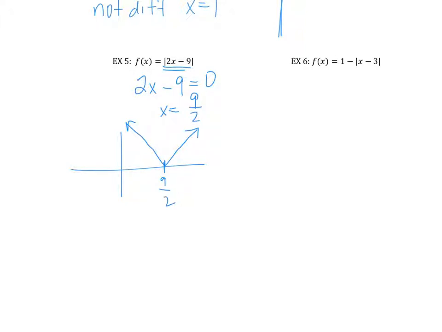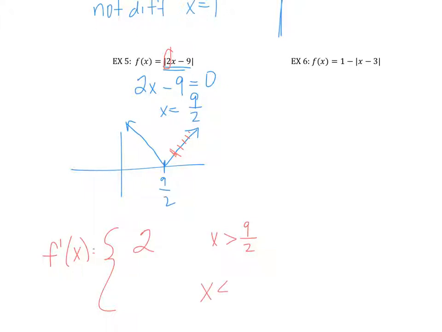Now remember in pre-cal as well, if I ask you the slope of this line, what would you say? Well, you go, gosh, I'd be graphing this line, so it's 2. Well, isn't the slope of that line the derivative at that point? So don't I know that f prime, when I look at that graph, when x is greater than 9/2, the slope of that line is going to be 2.